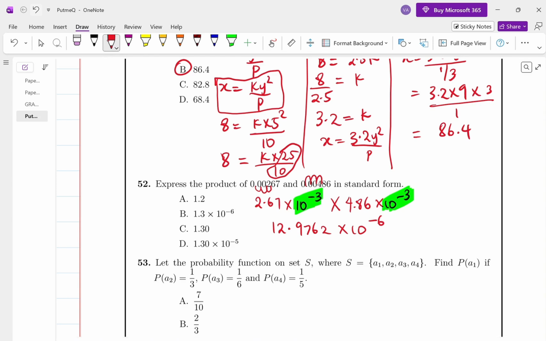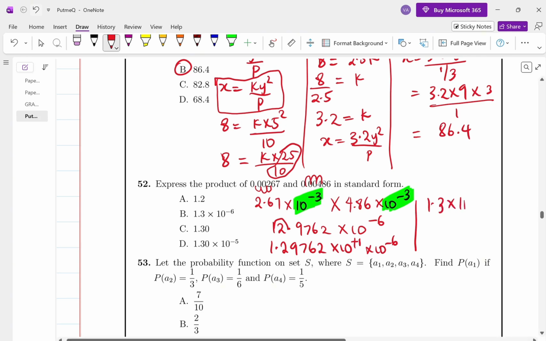So this 12.9762 is actually 1.29762 times 10 to the power of plus 1, moving backwards, and then times 10 to the power of minus 6. Now this is very close to 1.3 times 10 to the power of 1 minus 6, which is minus 5. So the answer becomes D.